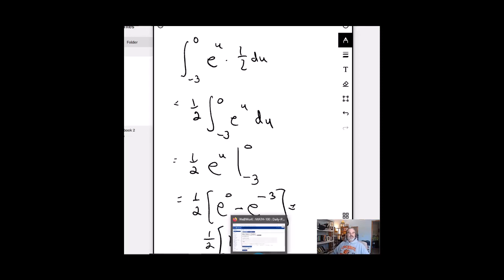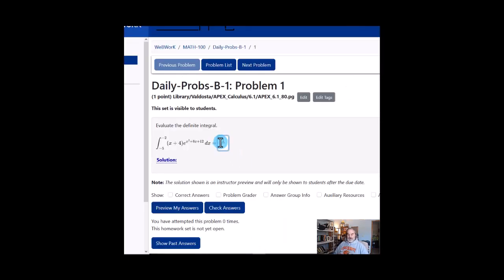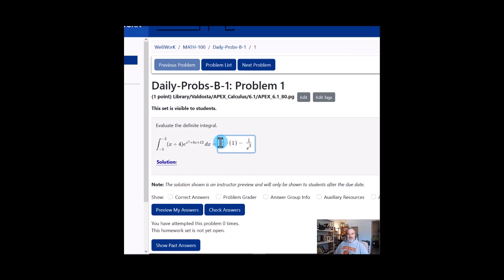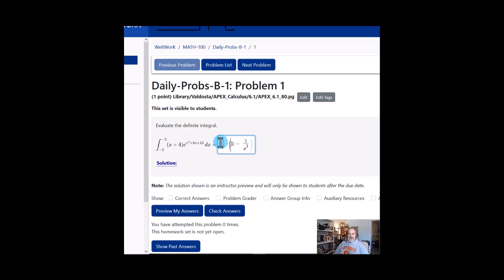Well, let's see if it's the perfect answer. Let's go back to WebWork here and try to get that Pavlovian response of a perfect answer. Let's see. Oops, parentheses, fix. And there we go.